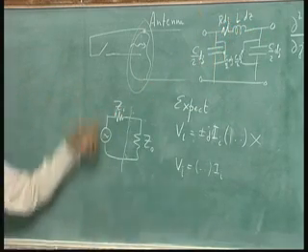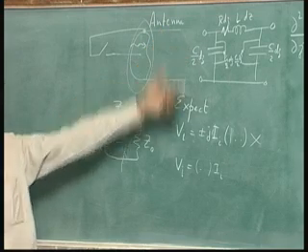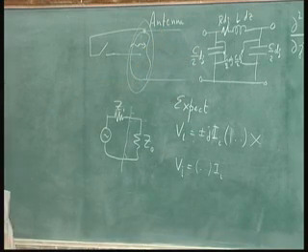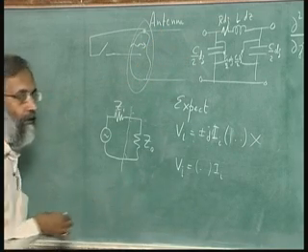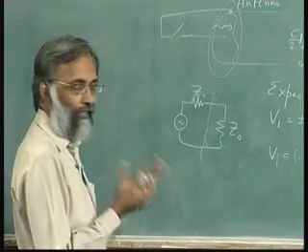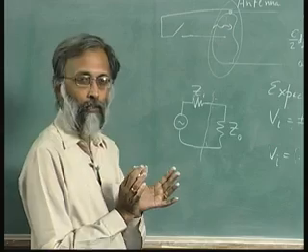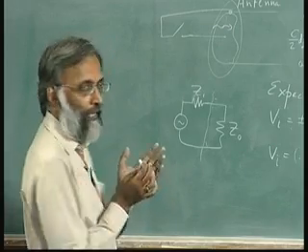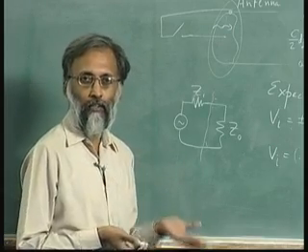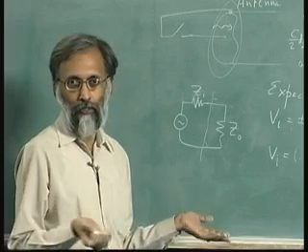And therefore, if energy is leaving us, there is only one way energy can leave. If there is voltage and current in phase. If voltage and current are exactly out of phase, what it means is that there won't be any real power delivered at all. It will all be reactive power.